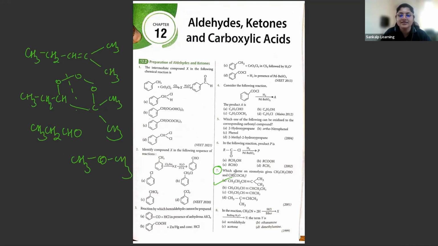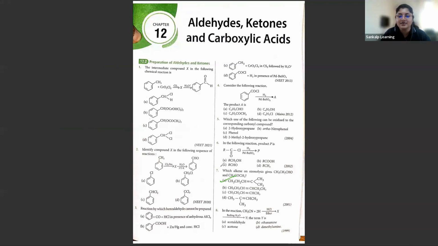So option A is the right answer. The ozone molecule should be added across the double bond. This is the ozonide formation. So these are the products which are obtained. Option number A is the right answer.